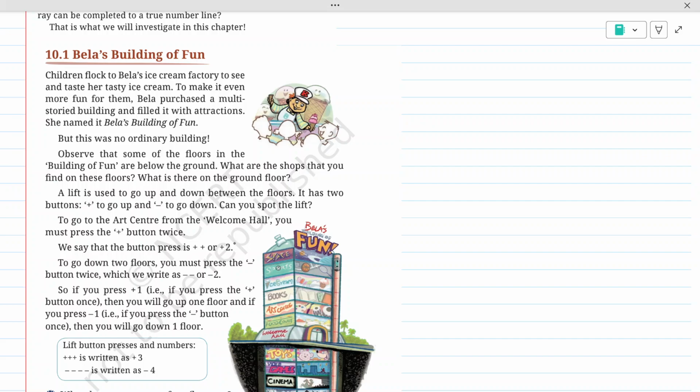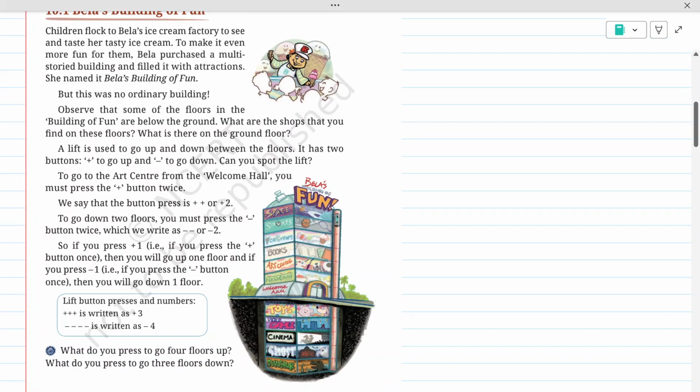So kids, on every floor there is some different activity. In this picture, this is the ground floor, and we have floors above the ground floor and floors below the ground floor also.